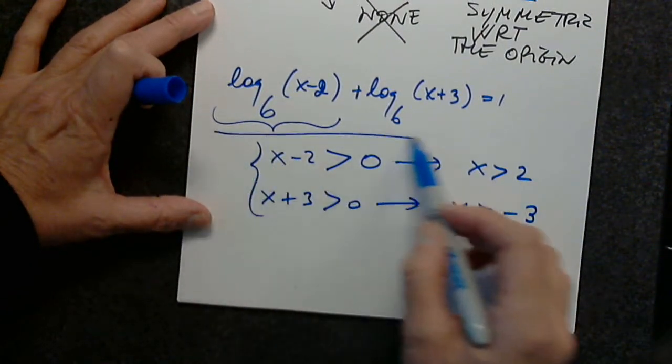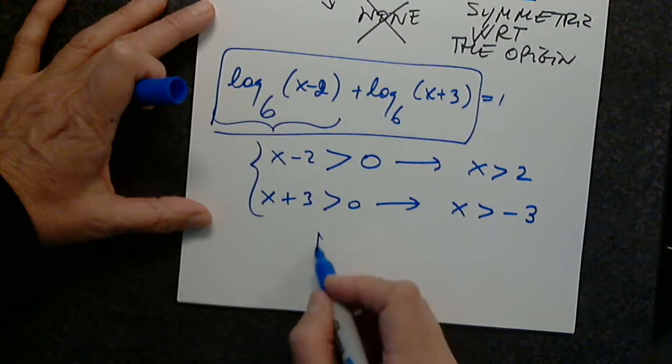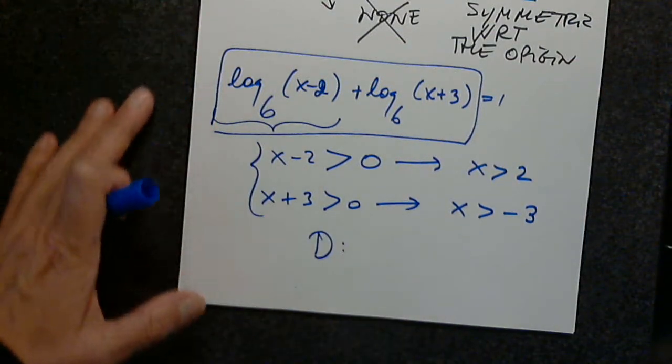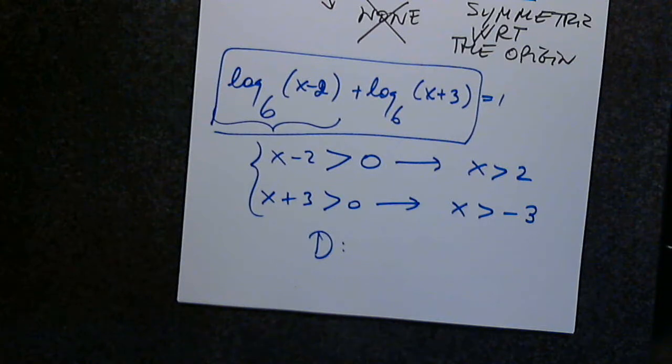So what is the domain of this function? Greater than 2, greater than -3. Both have to be fulfilled at the same time. Indeed, that's where they overlap, right?